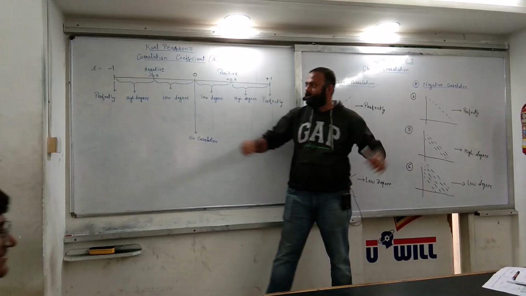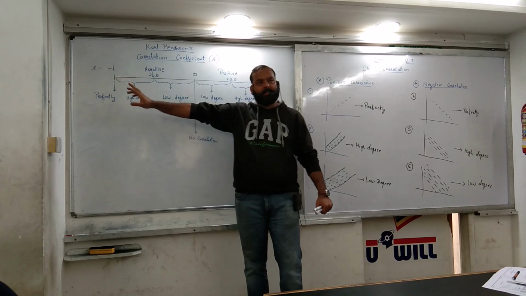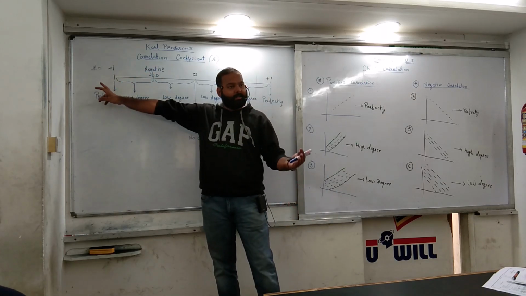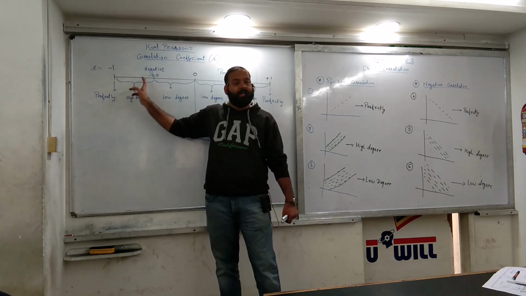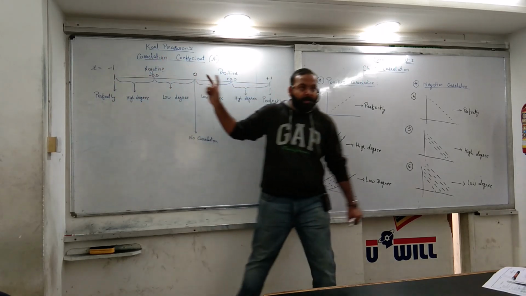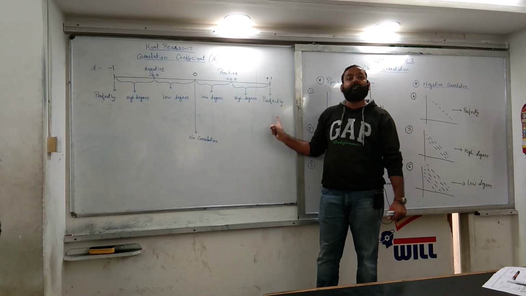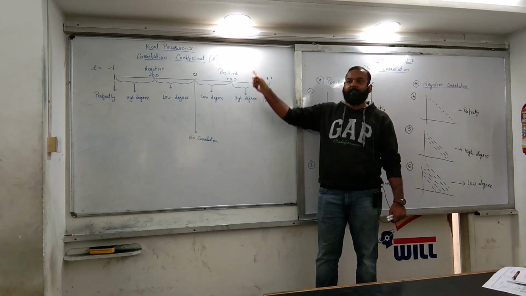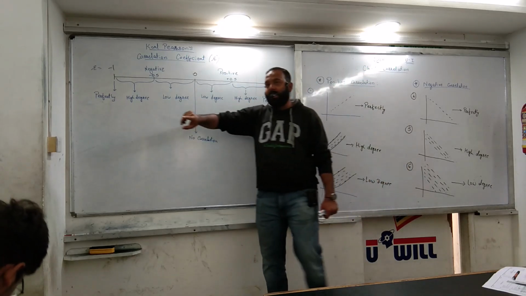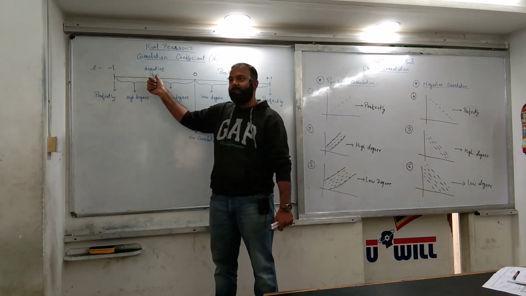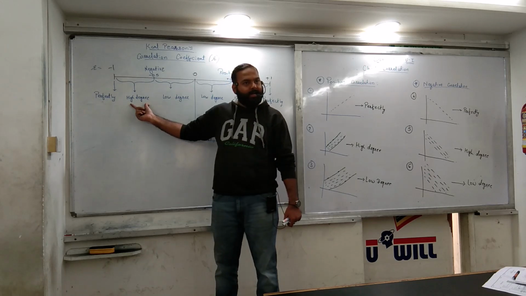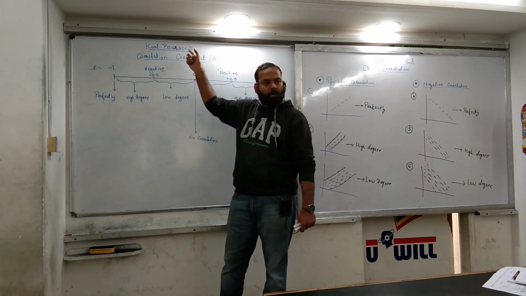Yes, right. Okay, pay attention, silence, pay attention. You have to answer me: if your r's answer is -1, it is perfectly negatively correlated. If your r's answer is +1, it is called perfectly positively correlated. If your r's answer is greater than -1 till -0.5, it is high degree of negative correlation.